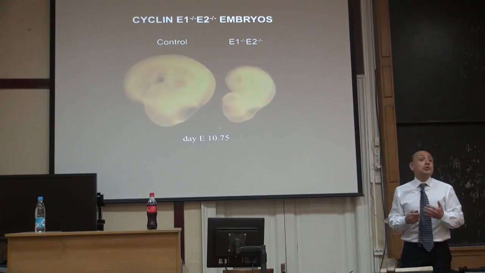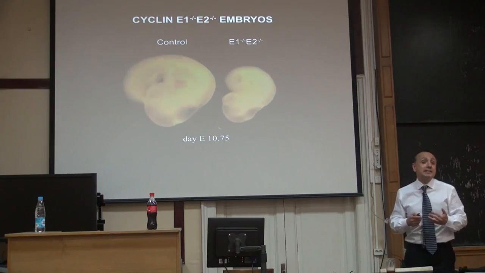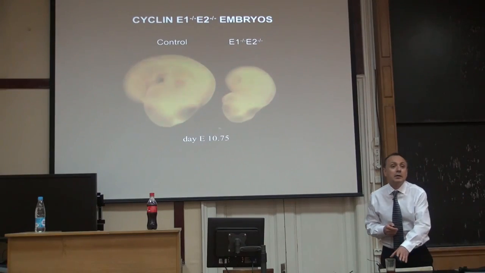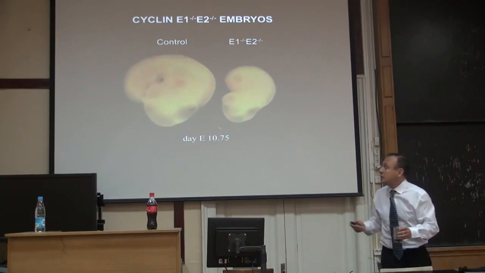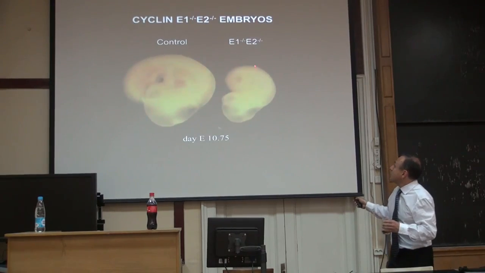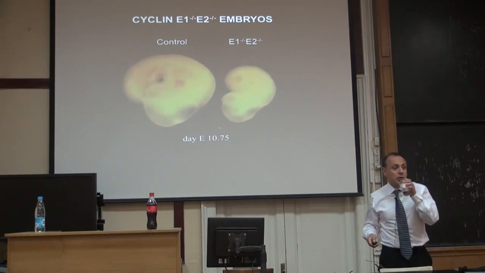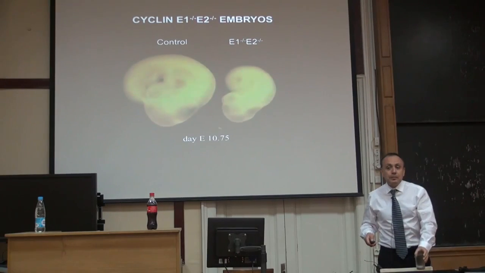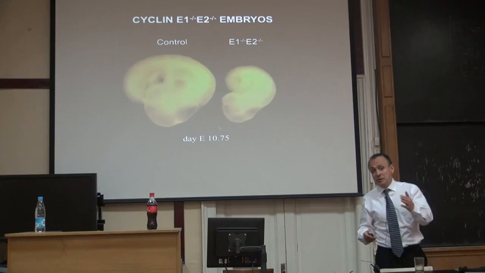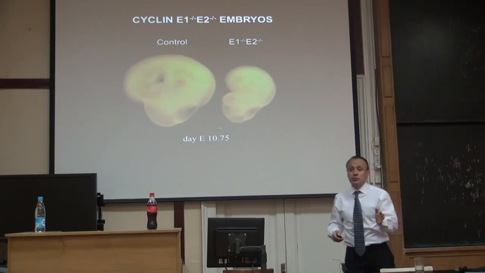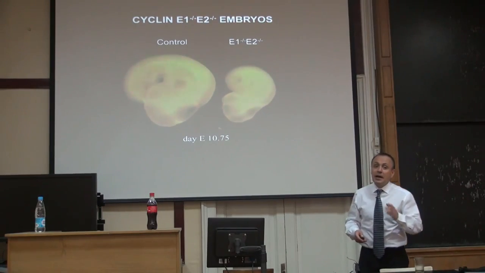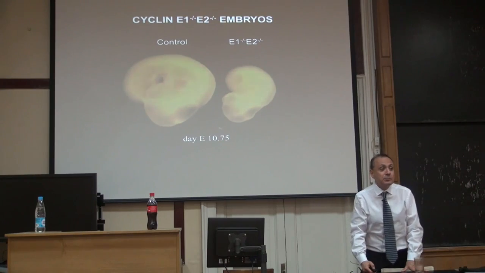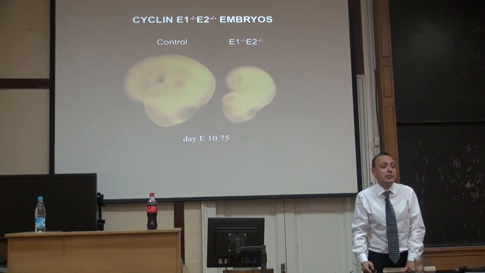Could you suggest, do you have any ideas how it would be possible? How you can have a dying embryo if nothing is wrong? Of course, one possibility is that we were not careful enough to find it, but actually the truth is different. Do you have any ideas?